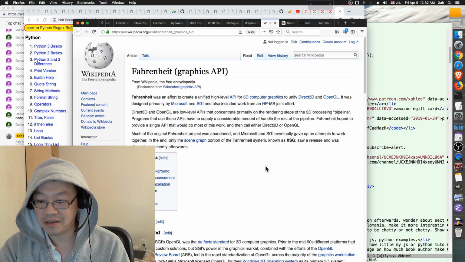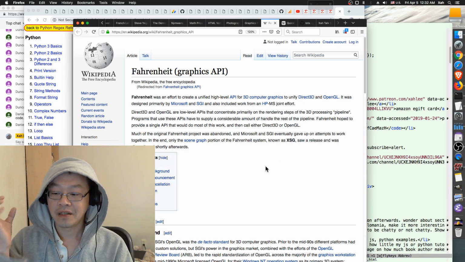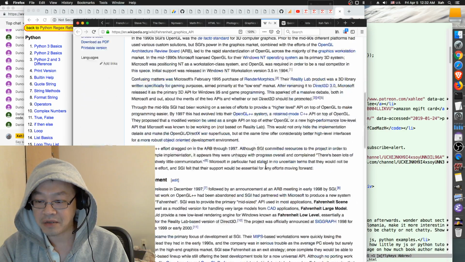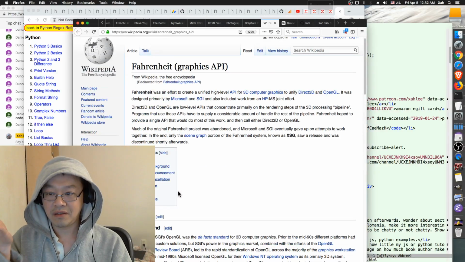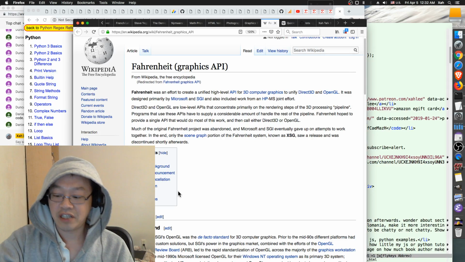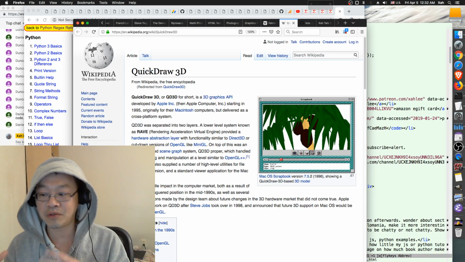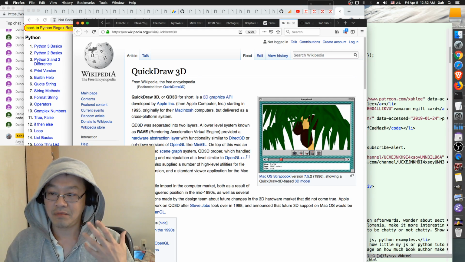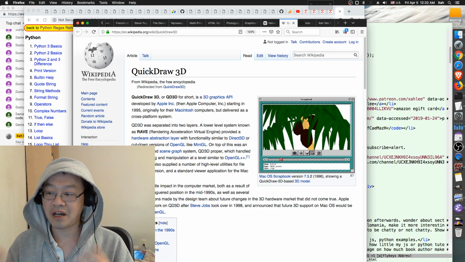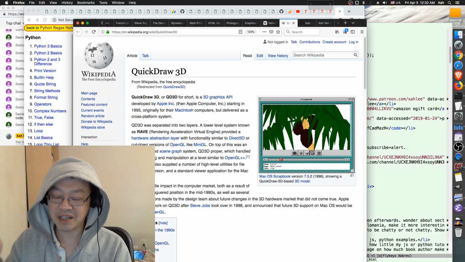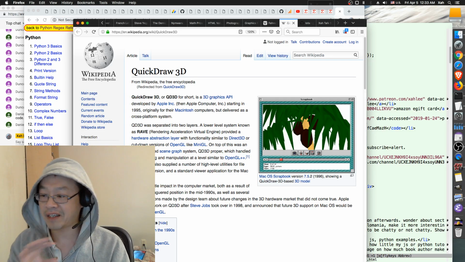This was back around 1997, 2000. Fahrenheit is one project, and QuickDraw 3D from Apple is another. Both are high level graphics APIs designed to replace OpenGL, because OpenGL is bad. I don't like any of it.